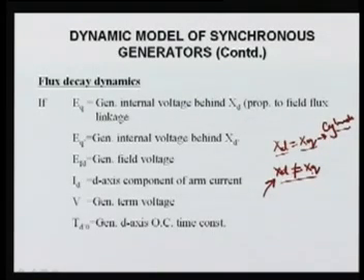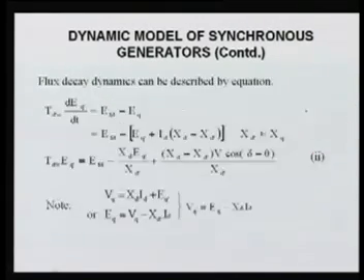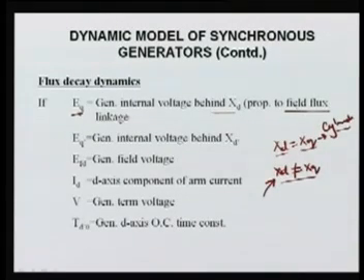To see this we have to use the various notations and nomenclatures. EQ is the generator internal voltage behind XD, which is basically proportional to the field flux linkage. EQ prime is the generator internal voltage behind XD prime.